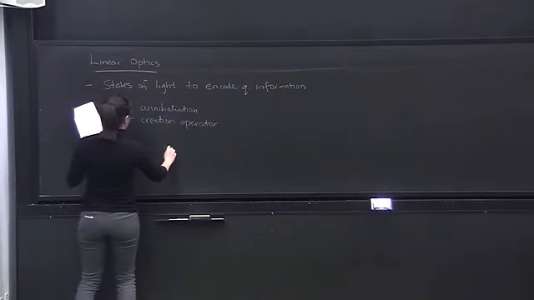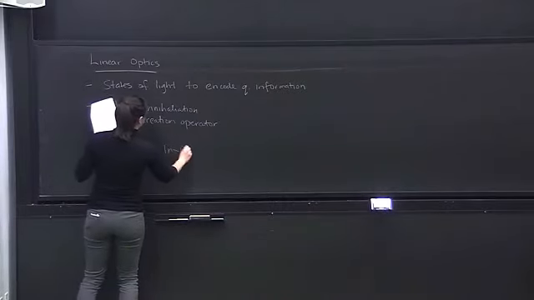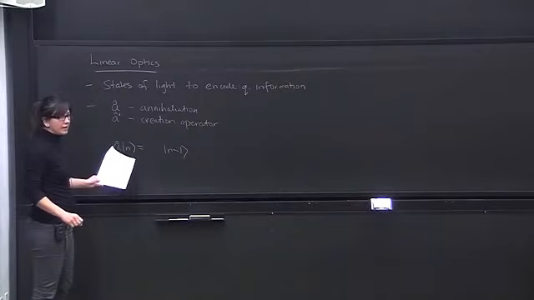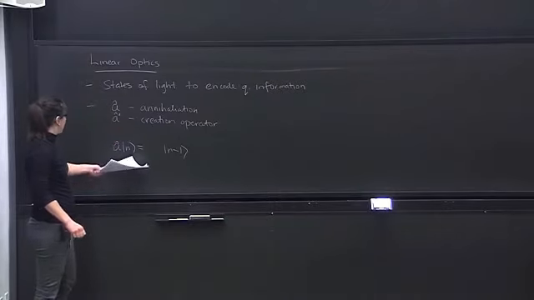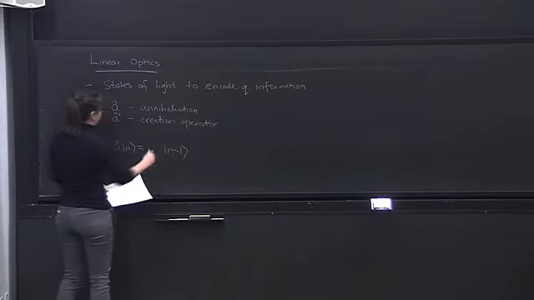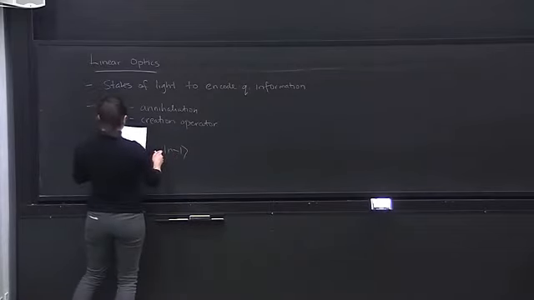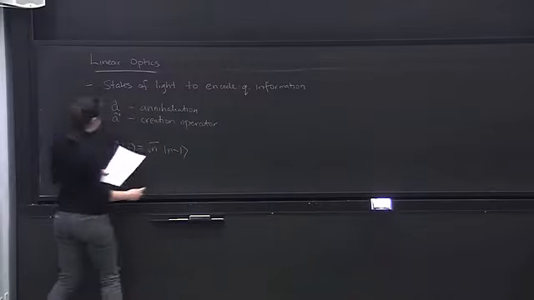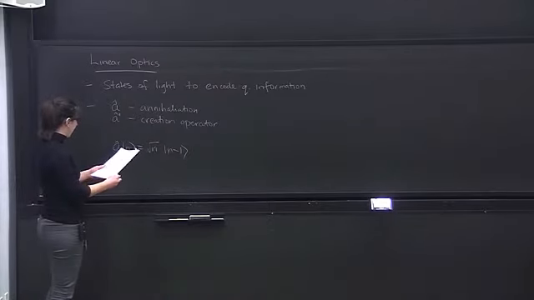If we have an annihilation operator acting on an n photon state, we reduce the photon number by 1, and we get a coefficient out the front of square root of n.